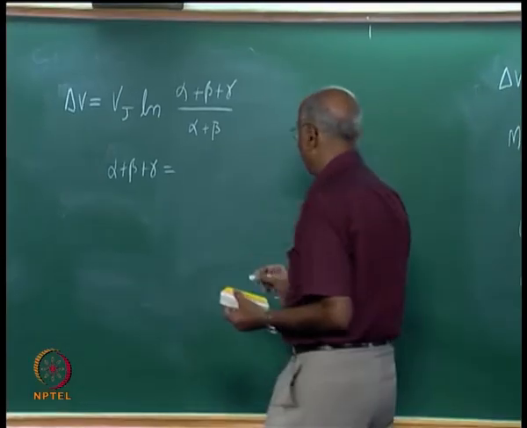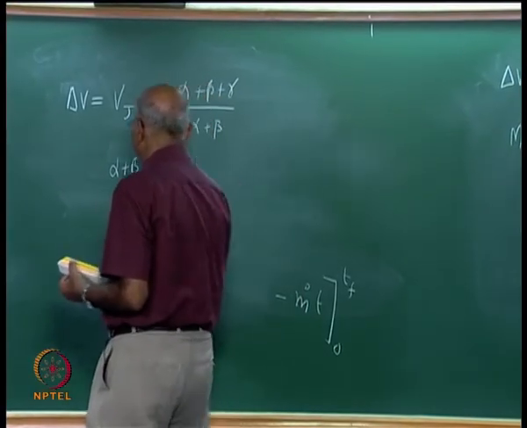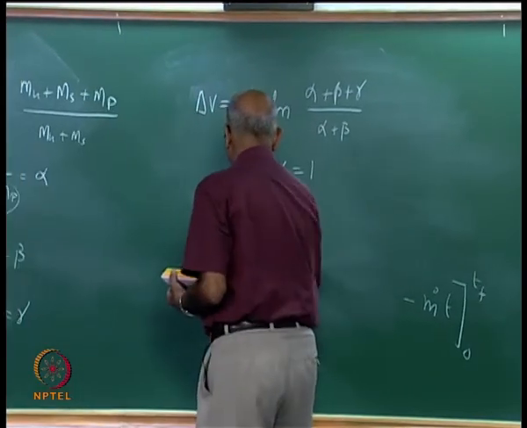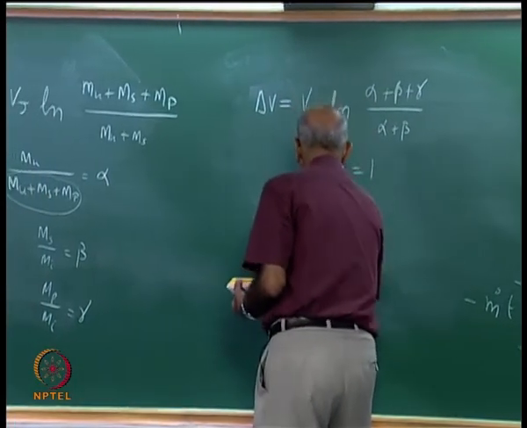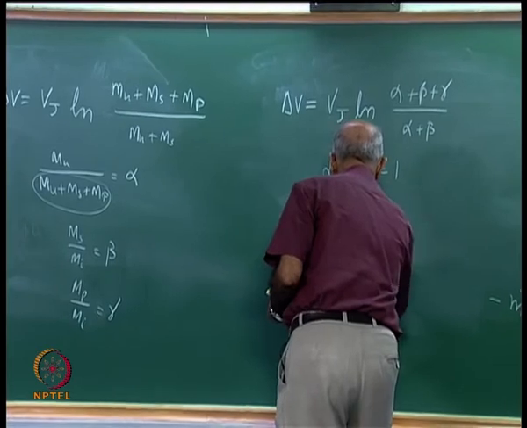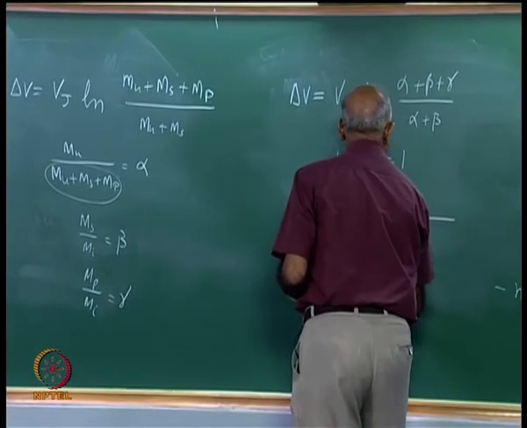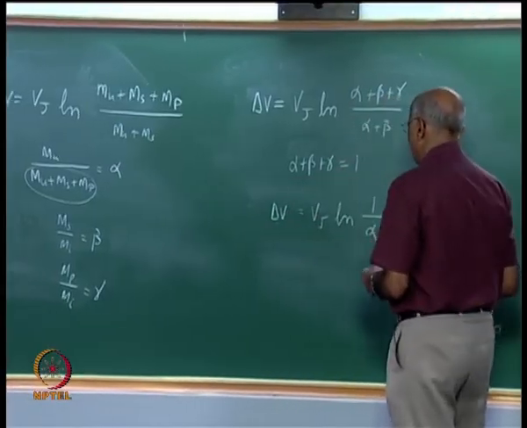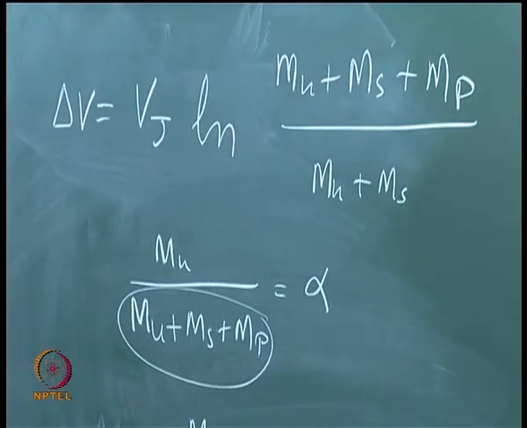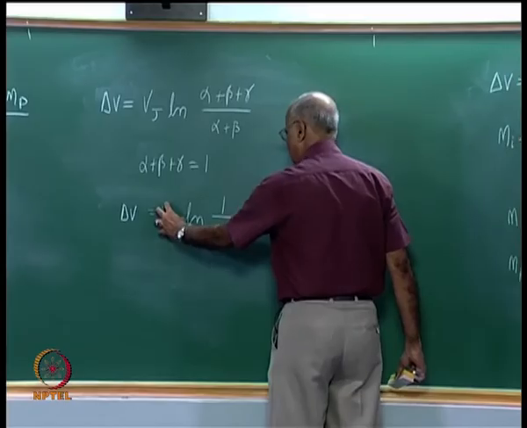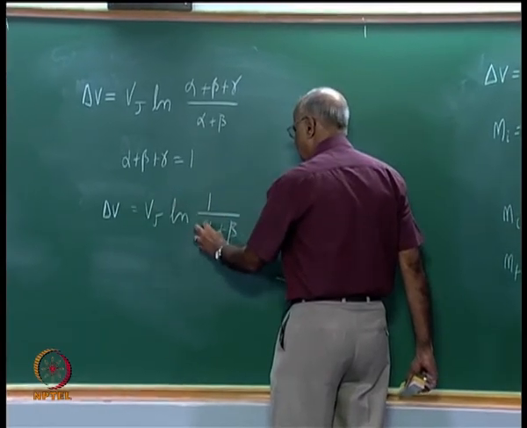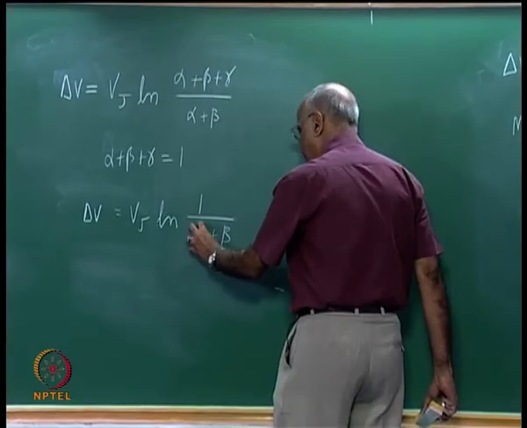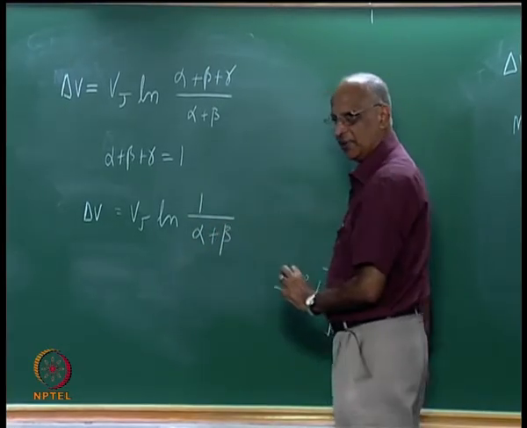One exactly, and therefore I get delta V. In fact, I could have just divided it and got this, but I thought we should go through this procedure, Vj ln of 1 by alpha plus beta. That means that ideal velocity increment as a function of jet velocity is ln of 1 by the payload mass fraction, useful fraction, plus the structural fraction.